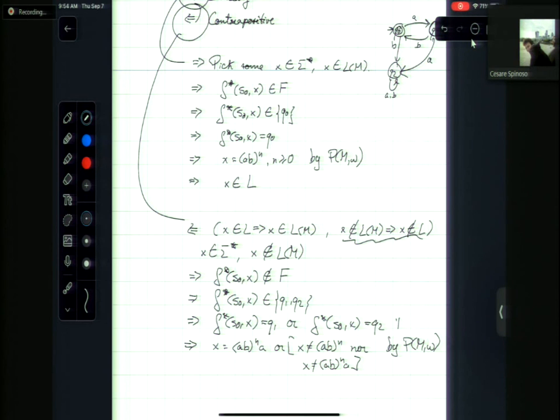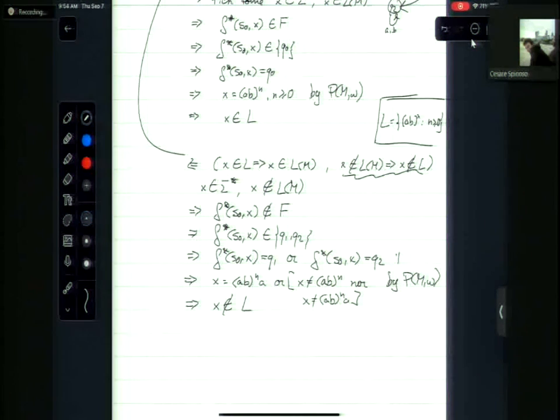In either of these two cases, by definition of L, remember that the definition of L was AB^n for some n greater or equal to 0, that means that X cannot possibly be in L. So this shows that if X is not in L of M, then X is not in L. What we've effectively done is proven both directions of the if and only if.